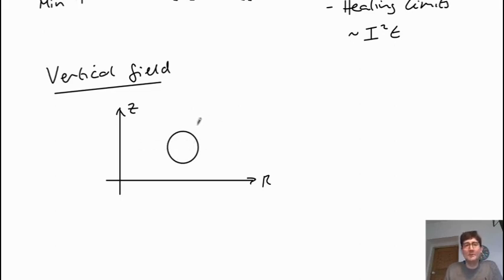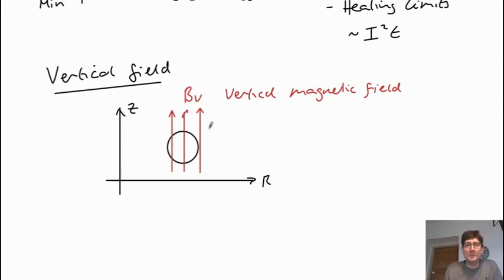And the way this is done is by having a vertical magnetic field. So we want to make a vertical field like this. This is B_V, a vertical magnetic field. And we do this by making some additional coils. So we put coils out here, and these are both carrying currents in the same direction. So here we want these to carry current into the page.